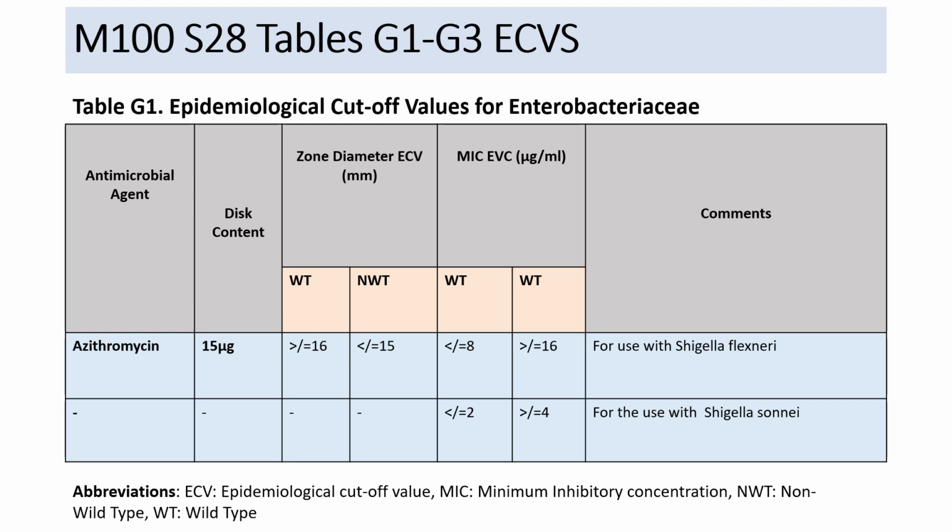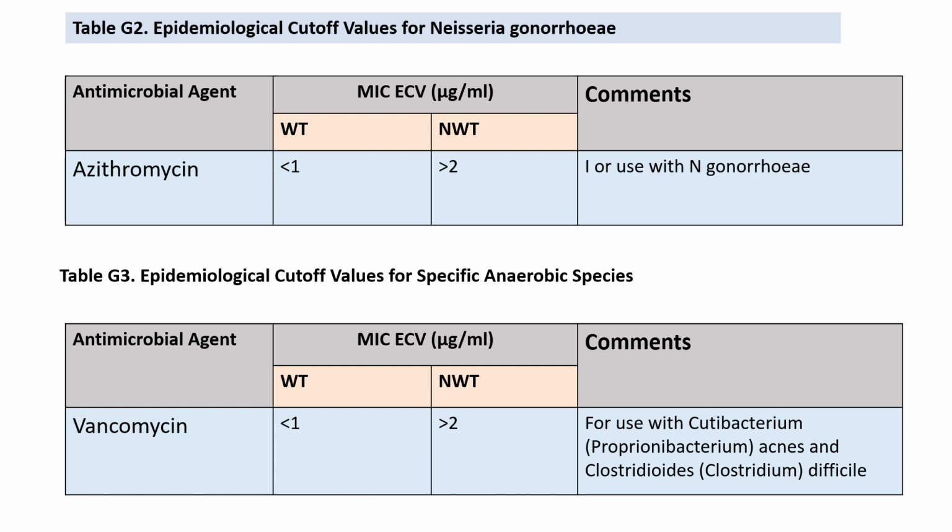If the MIC of azithromycin against Shigella had been 32, which is more than the non-wild type ECOFF of 16, then it is interpreted as non-wild type, that it has a resistance mechanism. Similarly, we have ECOFF for Neisseria gonorrhoeae or for Clostridium difficile, where for example for vancomycin it is less than 1 for wild type, more than 2 for non-wild type. So ECOFF can be used when breakpoints are not available to see whether there is a resistance mechanism present or absent only.